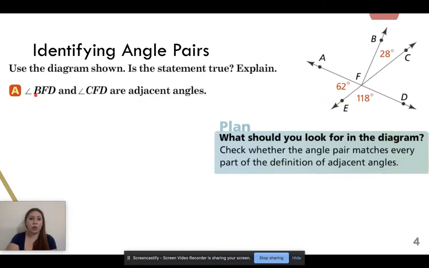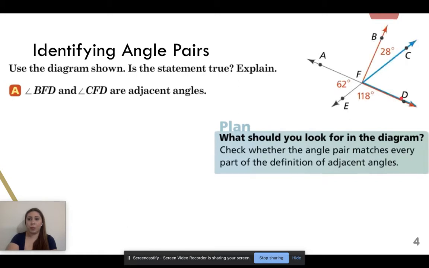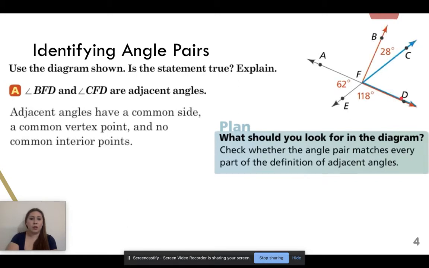So what am I looking for? BFD, with sides BF and FD, and CFD, with sides CF and FD. Let me highlight that. Adjacent angles have a common side. They have a common side right here. A common vertex, yes, common vertex, and no common interior points.